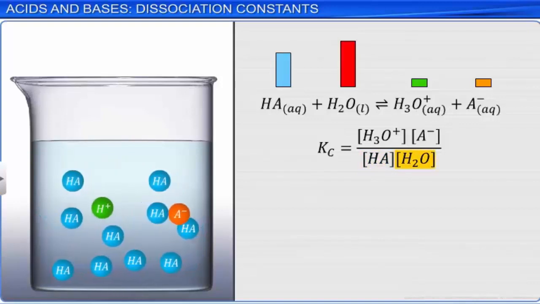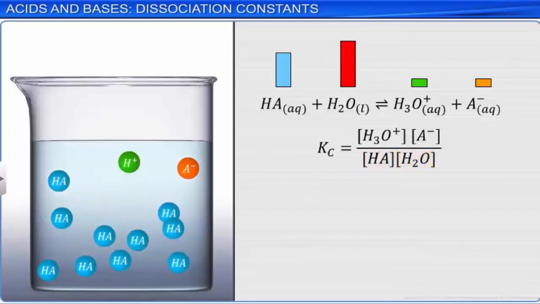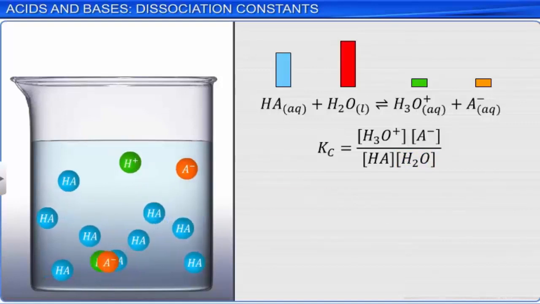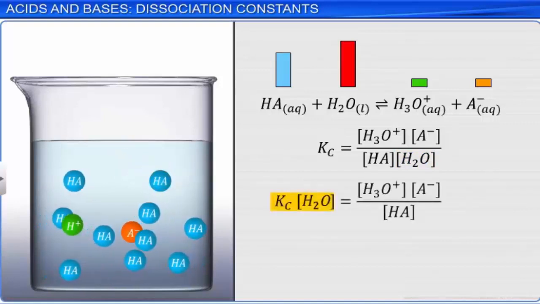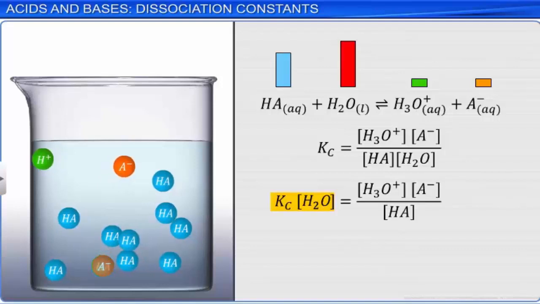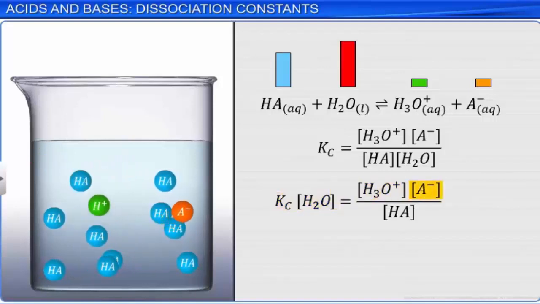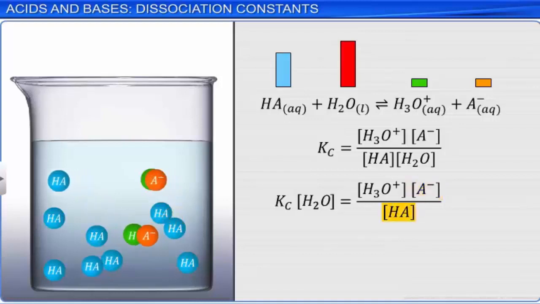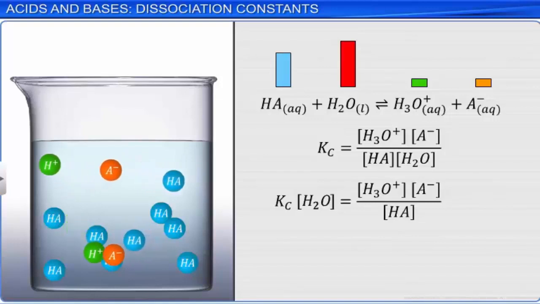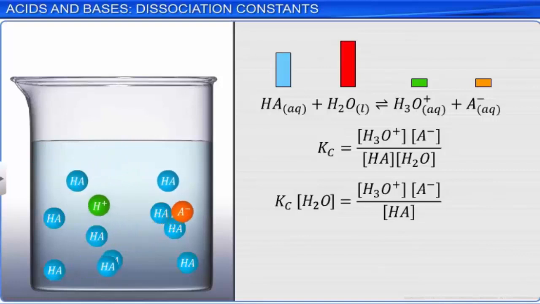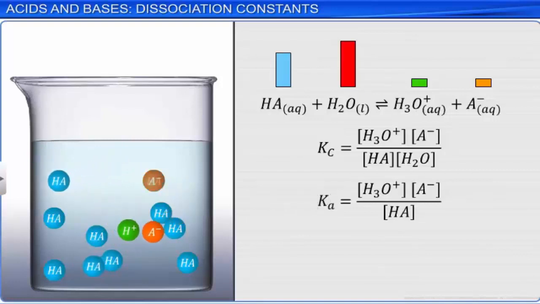Hence, it may be written as Kc into [H2O] is equal to the product of concentration of H3O+ and A- ions, divided by the concentration of HA. Since Kc and concentration of water both are constants, their product is also constant, and it can be taken as Ka, that is, Ka is the dissociation constant of weak acid.